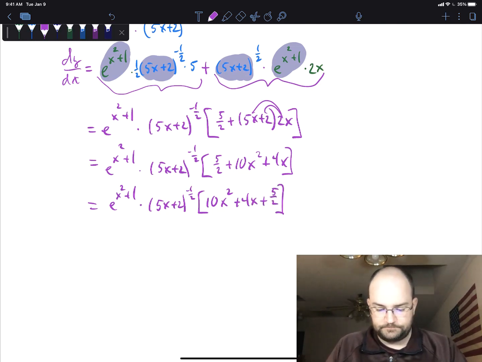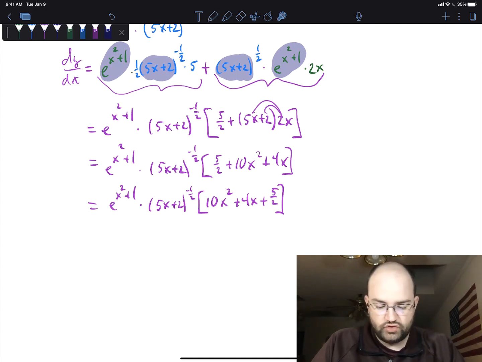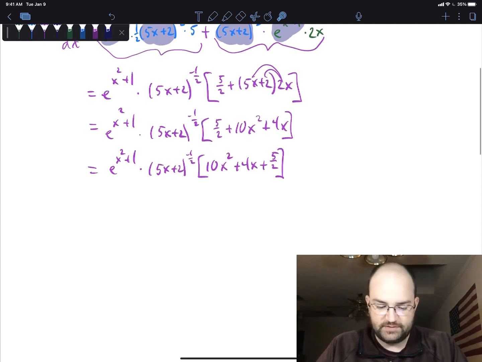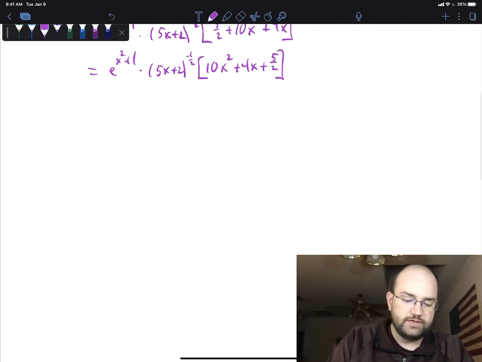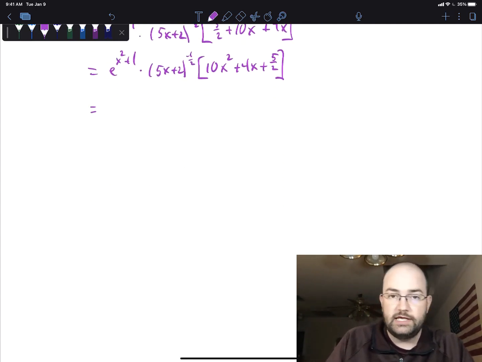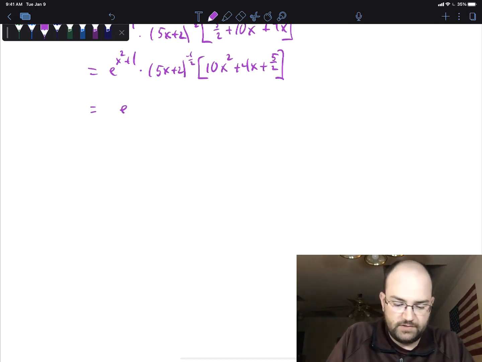Good. But here's the thing. There are some things we could do here. We don't generally like having a negative as an exponent, so I'm going to move that from the numerator that you see into a denominator. So that's going to give me e to the (x squared plus 1), and then times what's left over, this 10x squared plus 4x plus 5 halves.